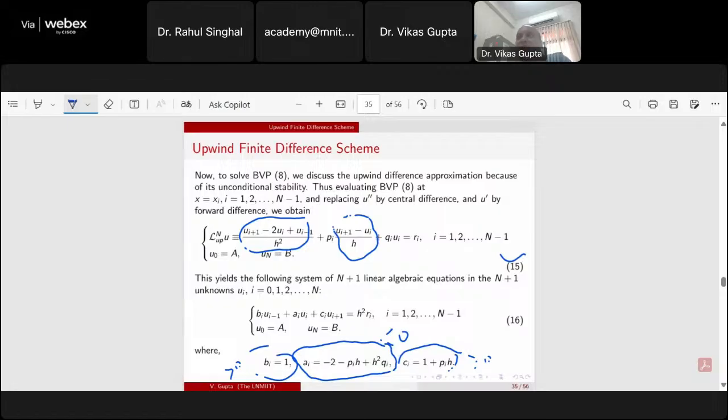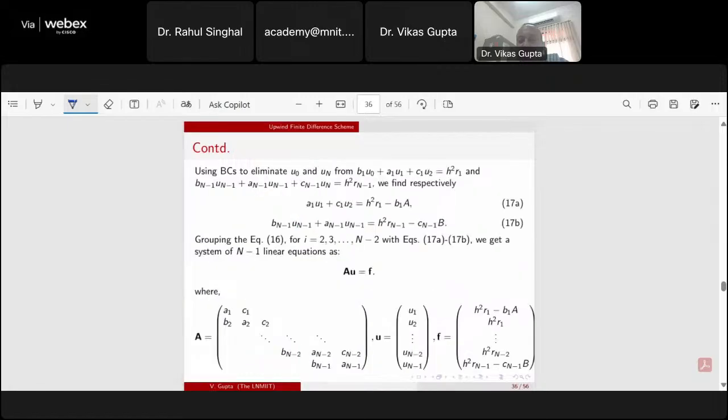While the central finite difference scheme was conditionally stable, that is, you required a restriction upon the mesh width, h by 2 mod p_i should be less than 1, here the upwind finite difference scheme is unconditionally stable. But the disadvantage of the upwind scheme is that it has lower order accuracy.